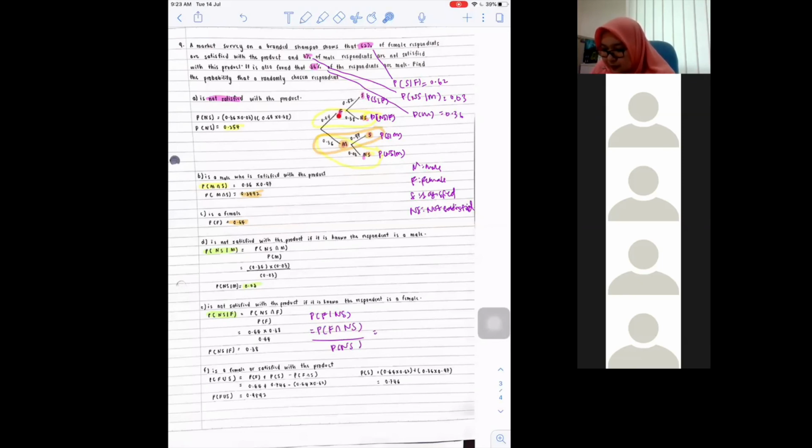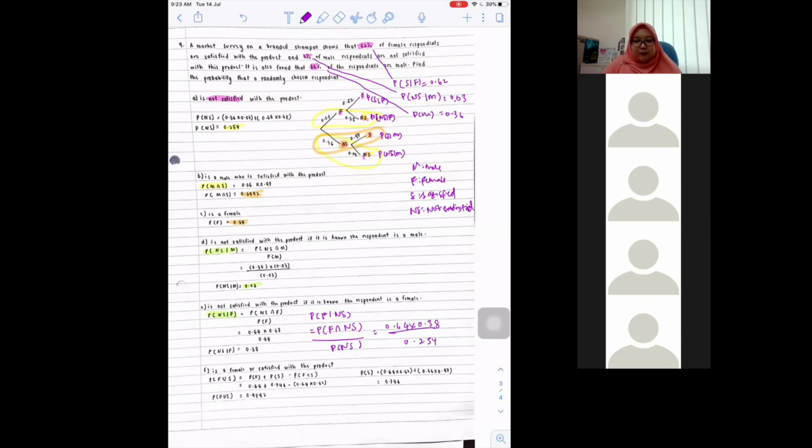F and S' is the intersection, so both of them. Just write 0.64 times 0.38, divided by P(S'). We already found the probability of S' using the law of total probability in part A. So just fill in 0.254.